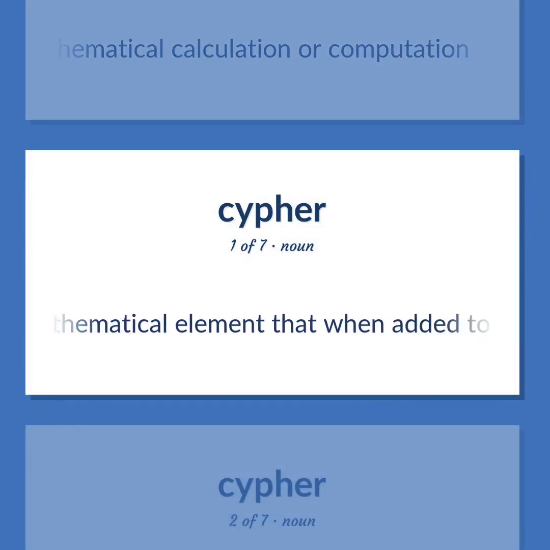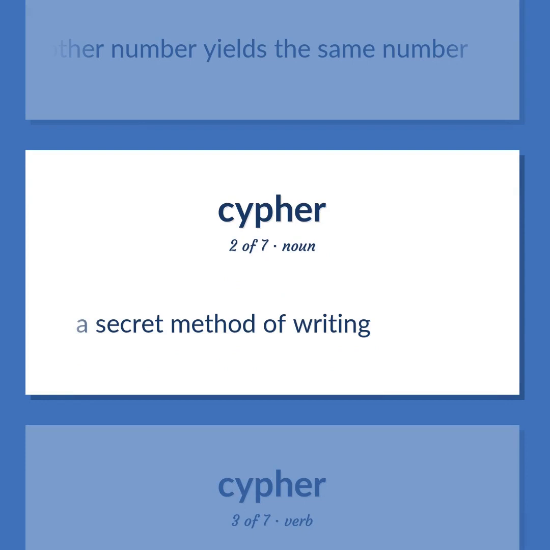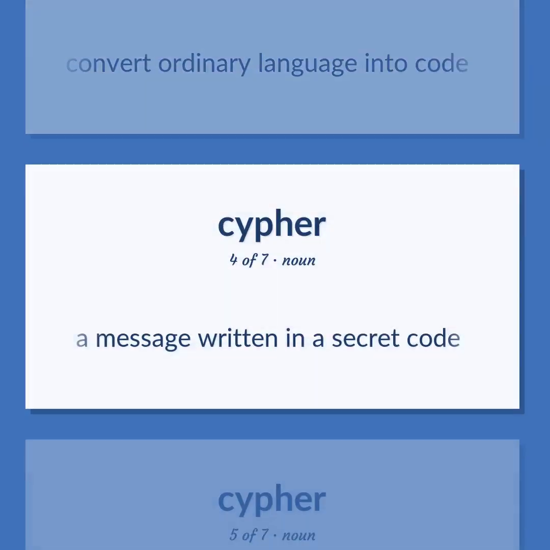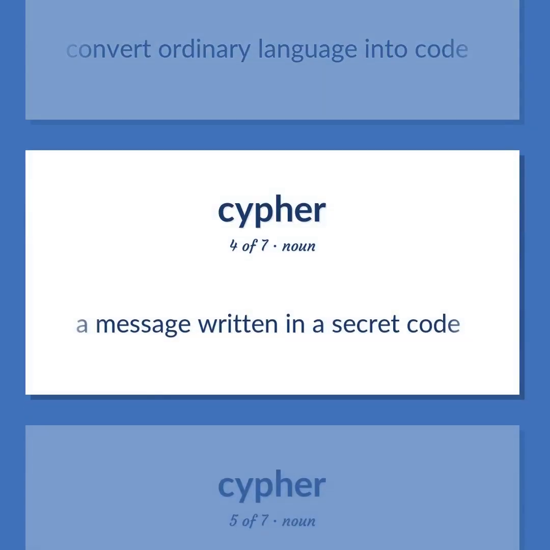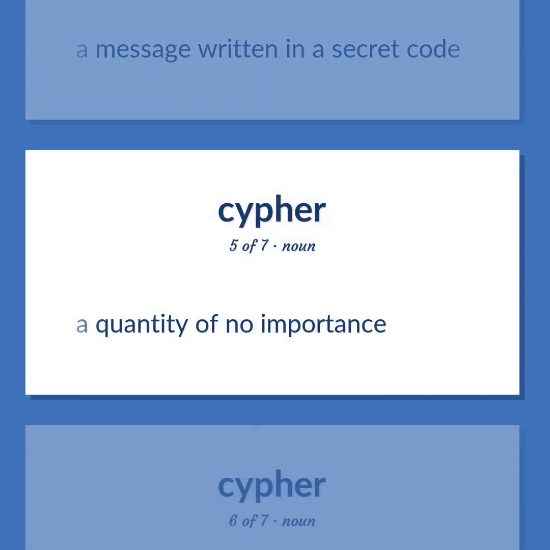A mathematical element that when added to another number yields the same number. A secret method of writing. Convert ordinary language into code. A message written in a secret code. A quantity of no importance.